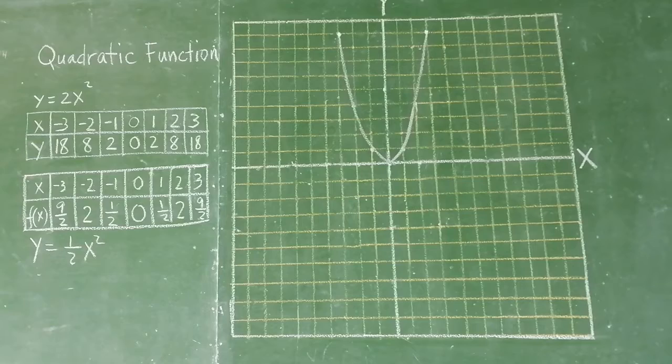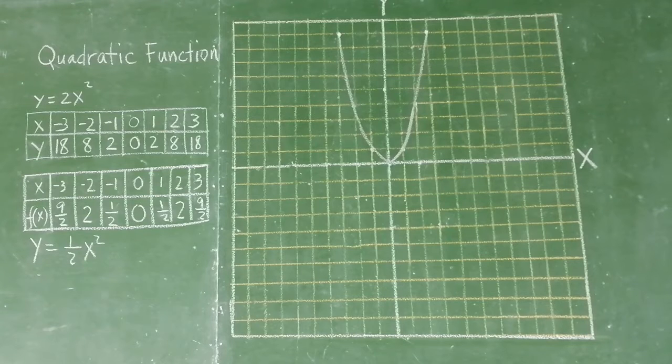But we are not to focus only when a is 1. Supposing when a is greater than 1, like 2, 3, etc., the graph tends to be closer to the axis of symmetry. So the parabola is, we say it is steeper, and it is increasing very fast.